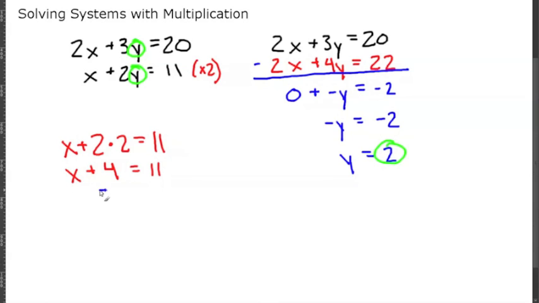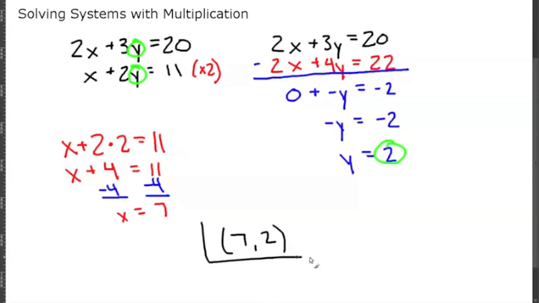All we need to do is subtract 4 from both sides to isolate the x. And we're going to get that x equals 7. So our answer to this system of equations would be 7, 2. X is 7 and y is 2.